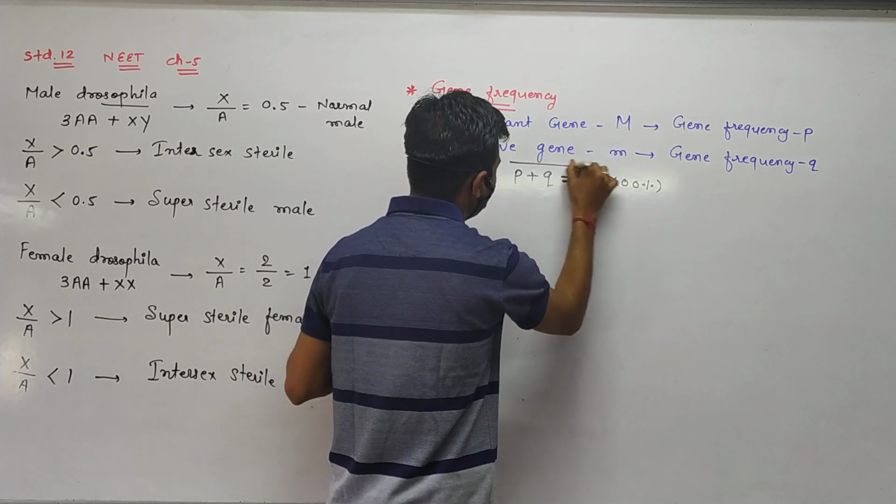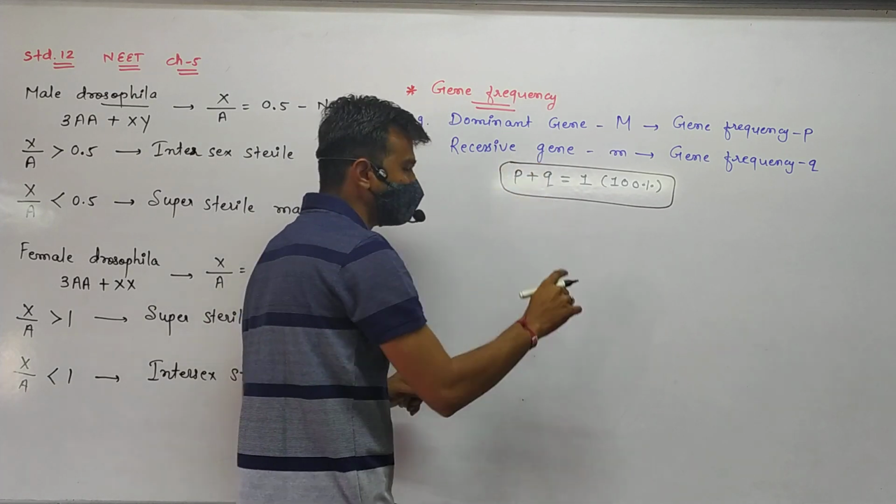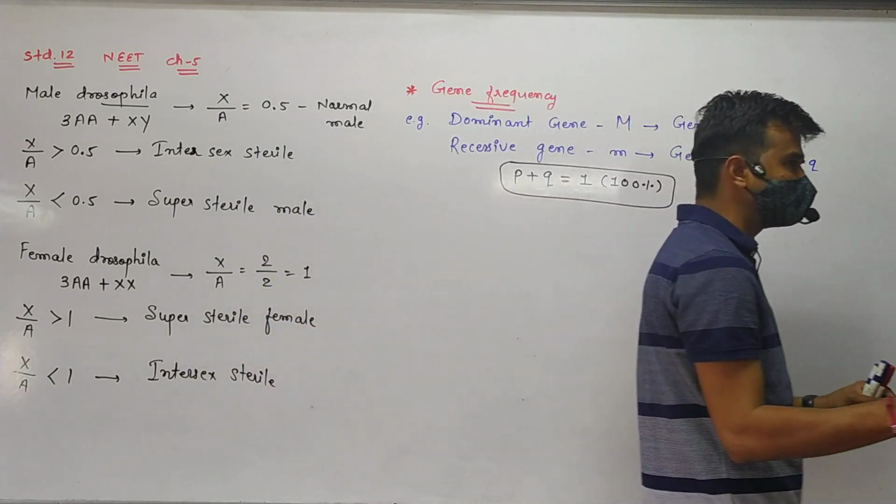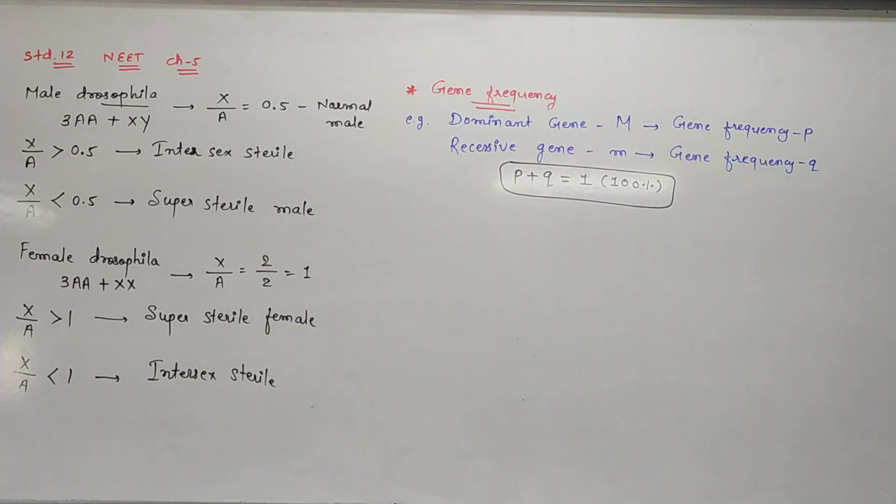So when you combine the frequency of both recessive and dominant, P plus Q becomes 1. That indicates 100%.